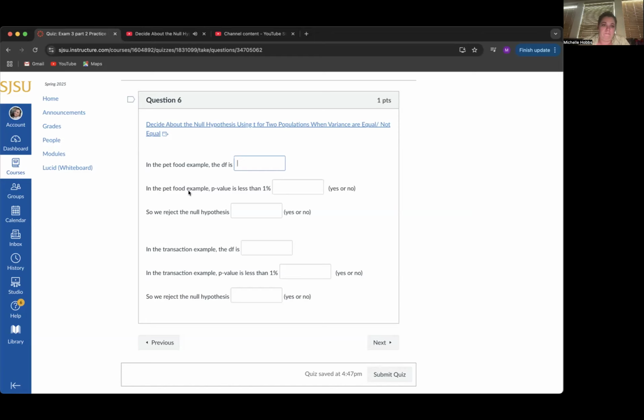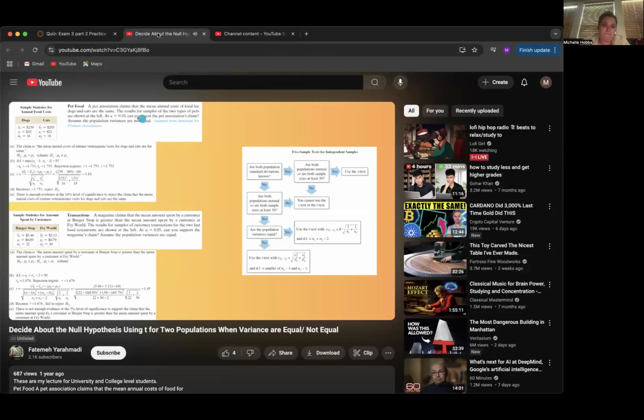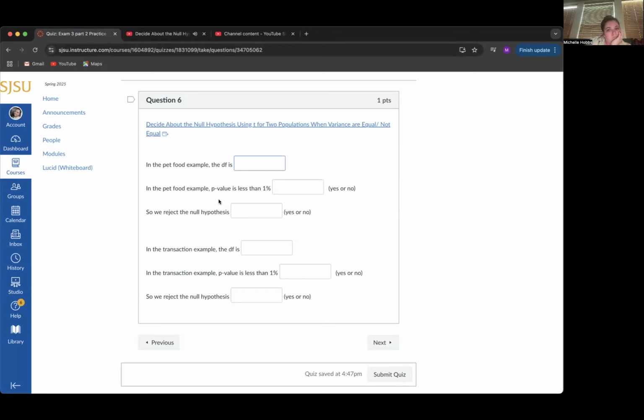They are not equal to each other, so the degrees of freedom must be the smaller of n1 minus 1 and n2 minus 1. So first of all, since the claim says they are equal to each other, it means that your null hypothesis is the claim. mu1 is equal to mu2.